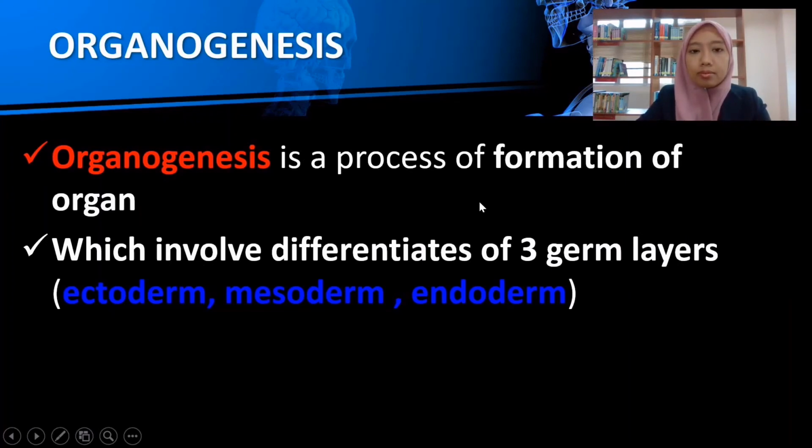Organogenesis is a process of formation of organs in the body, which involves differentiation of 3 germ layers: the ectoderm, mesoderm, and the endoderm.